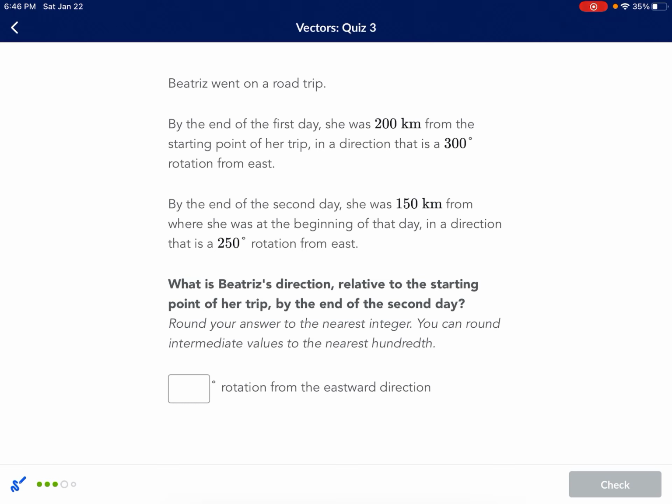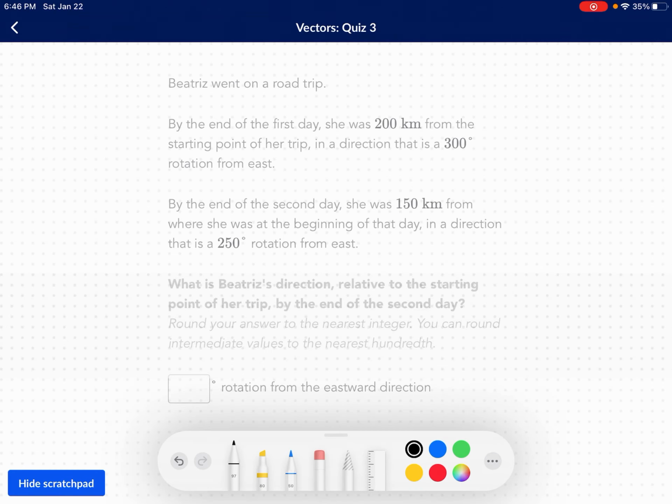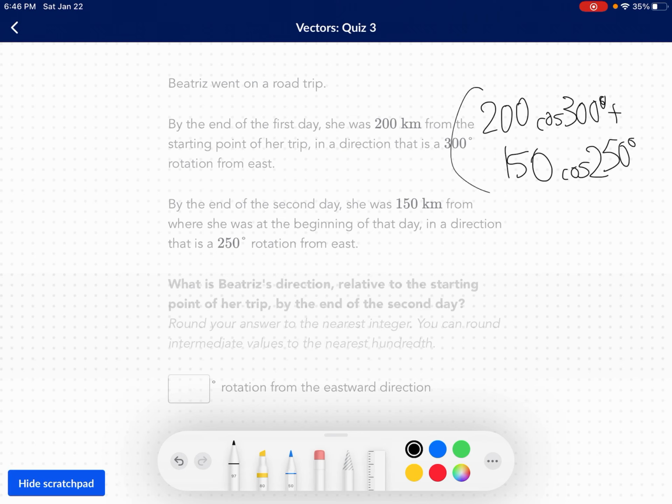Okay, so I'll just write it out. 200 cosine 300 degrees plus 150 cosine 250 degrees for the x component, basically doing the same thing, but just finding the direction angle here because that's what it's asking. The y component is 200 sine 300 degrees plus 150 sine 250 degrees. Enter all this gibberish in the calculator.